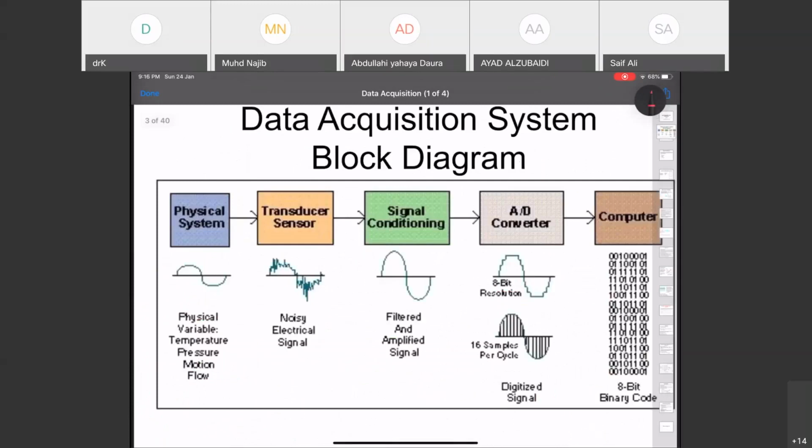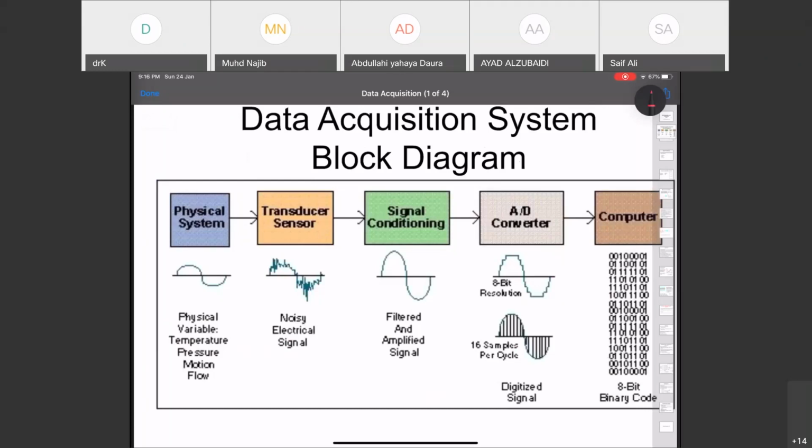So again, as you can see from the slides, the block diagram of a typical data acquisition system is very similar, and it goes back to the system of instrumentation, as you can see from the previous slide.